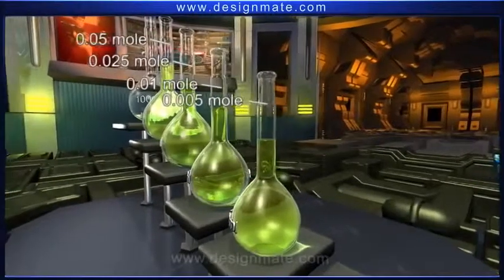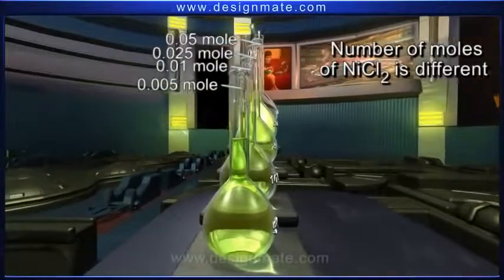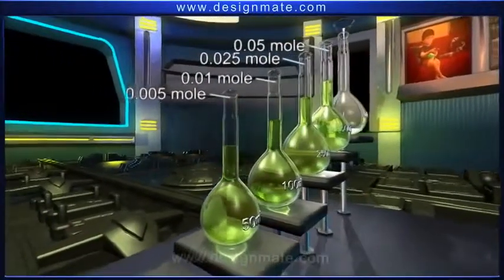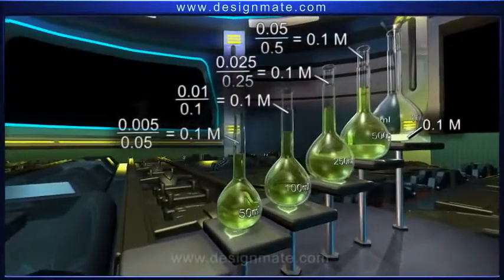Although the number of moles of NiCl2 solute present in each of these solutions is different, as the volume of each flask is different, the concentration of all these solutions remains the same, that is, 0.1 molar.